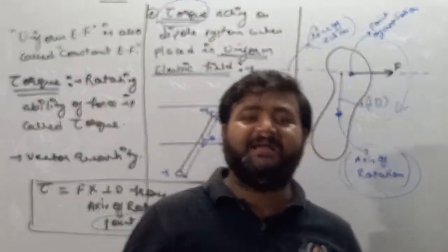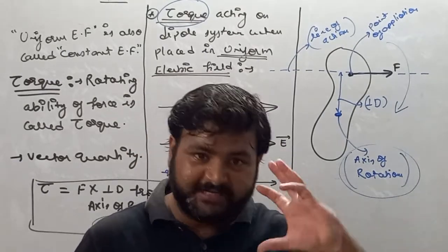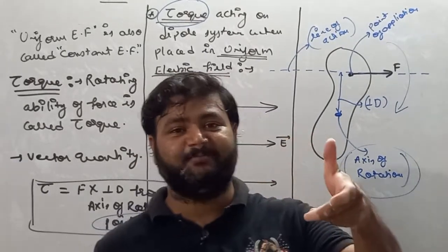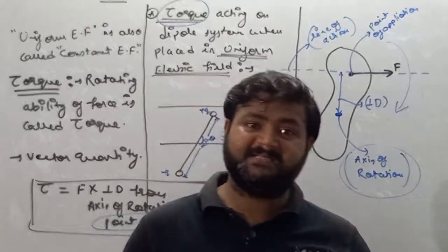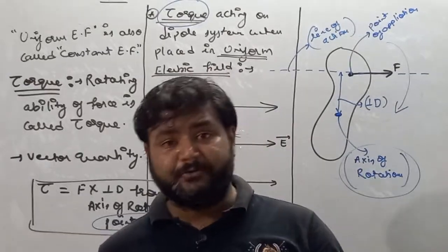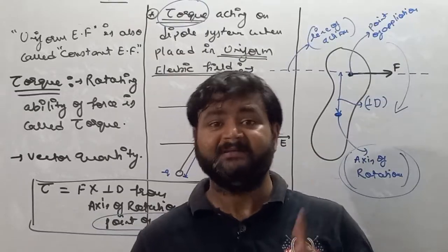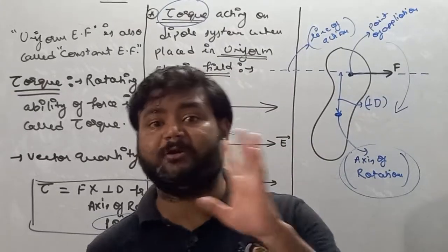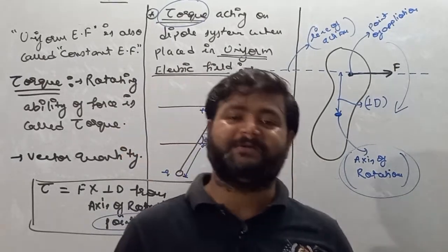If you are applying force on any body, and due to that force the body starts performing rotational motion, then we will say torque is defined, because the force is capable of rotating the body. But if due to the force the body is not capable of rotating, then we will say there is no torque acting on the body, because the force is not capable of rotating the body.